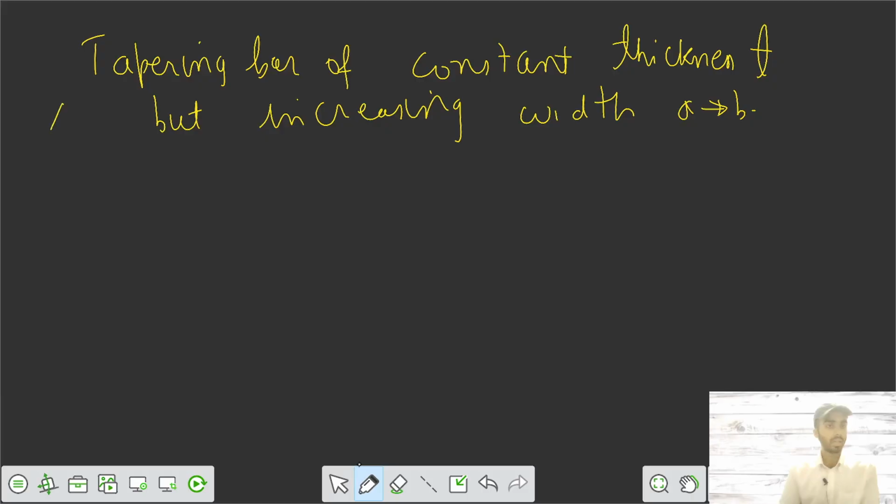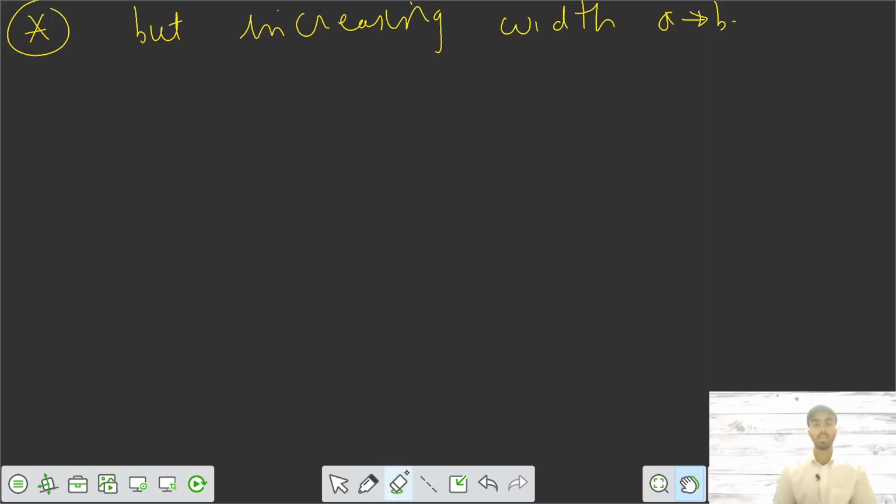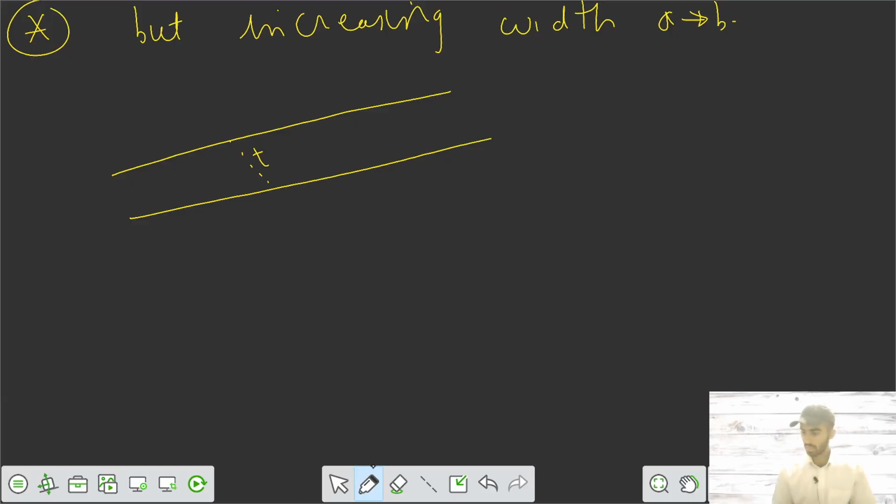In the earlier one, your T was also varying so that it becomes a circular cross section. Now your thickness is constant. Let's say your thickness is T, but your width is varying.